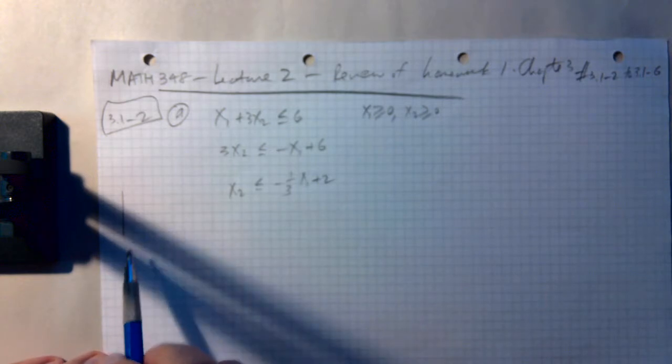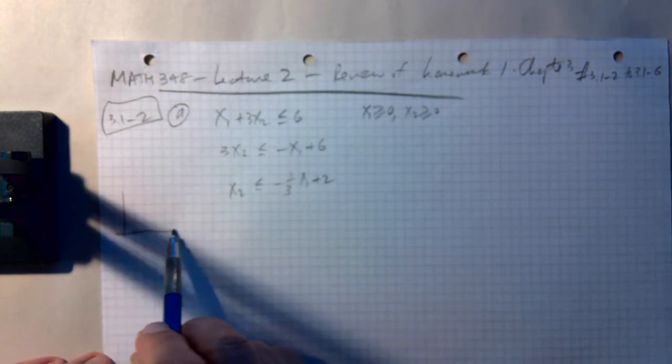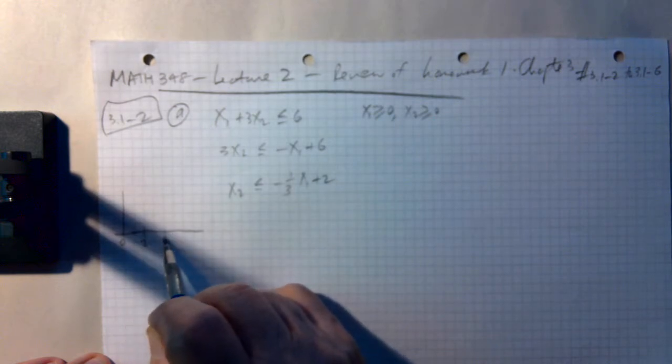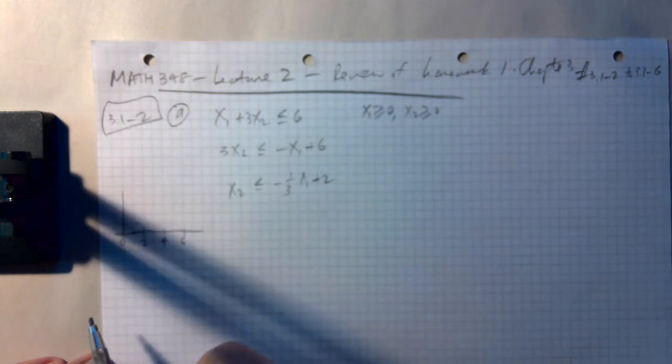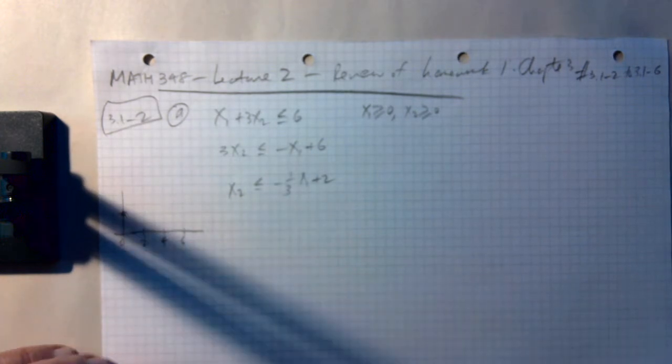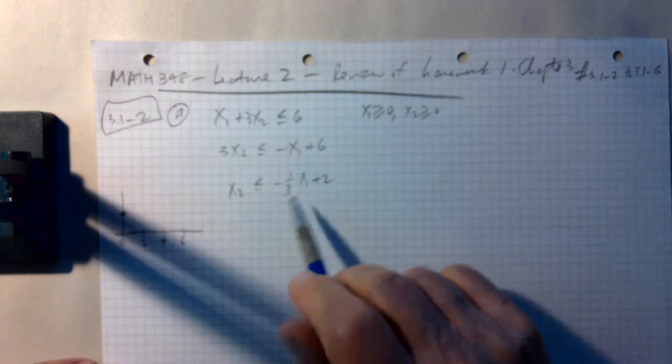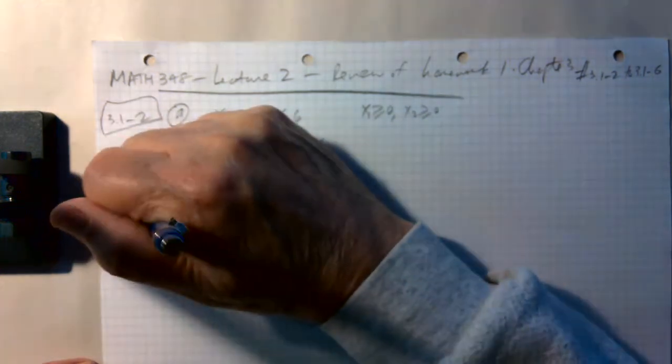So this is 0, 2, 4, 6, and this is 2. This line has y-intercept 2 and slope minus a third. This is equal to 0 when x1 equals 6.